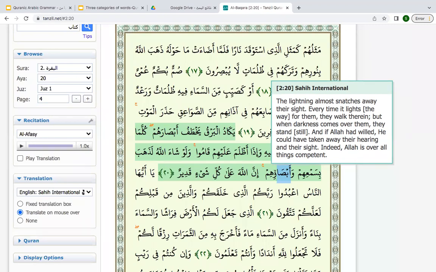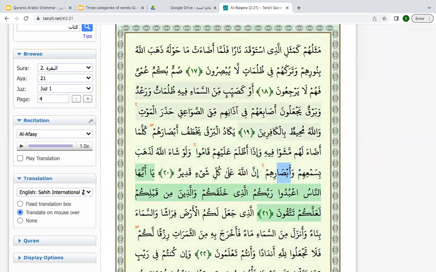Yes, they are body parts in pairs, and also the word is a non-human plural. Your non-human plurals are also going to fall under the category of heard feminine. Remember that.